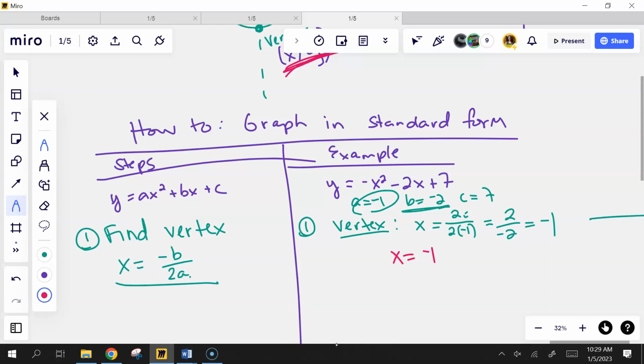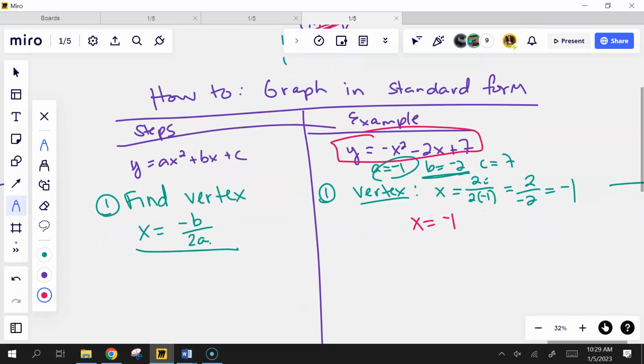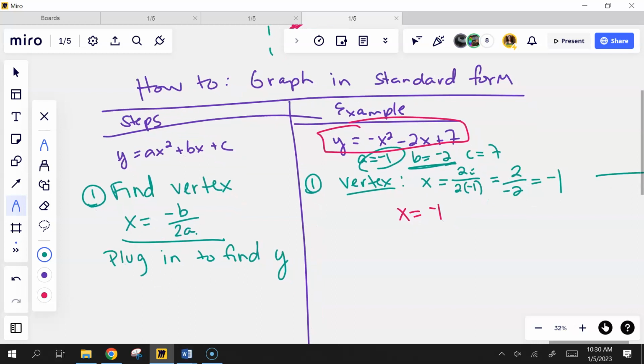If I have X and I need Y, well, this equation says Y is negative X squared minus 2X plus 7. So if I know X, I could easily find Y, right? So I'm going to come over here and say plug in to find Y. Sometimes I'll make you come to this conclusion on your own, and then I'll just tell you what to do, because I feel like it helps your understanding a little bit to understand why we do what we do.